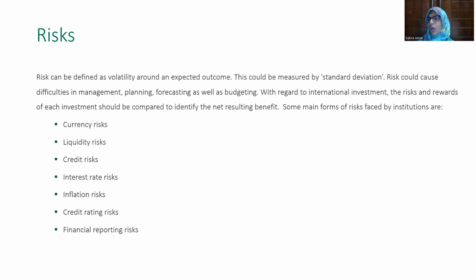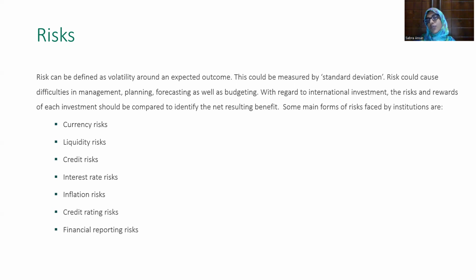Risk would cause a lot of difficulties for management when planning, forecasting and budgeting. We spoke about this in the initial two sessions. And with regard to international investment, the risk and rewards of each investment should be compared to identify the net resulting benefits as well.